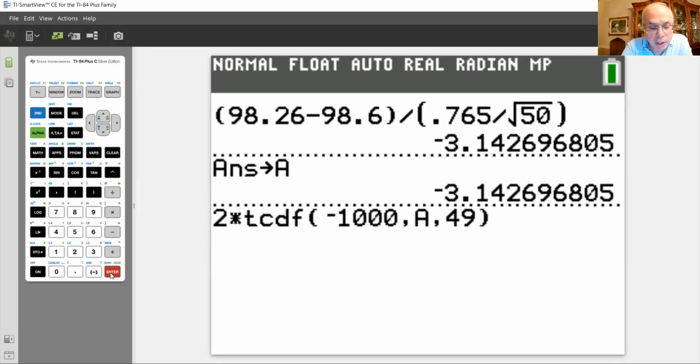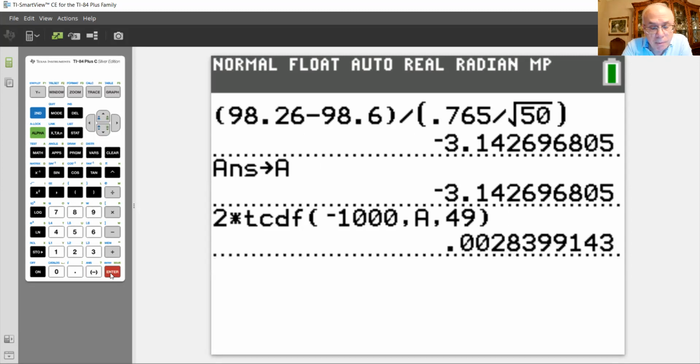That's going to be our p-value. Hit enter one more time. 0.0028. So that's our p-value. We round it to 4 decimal places. 0.0028. It's a small p-value. Let's go back to the textbook.